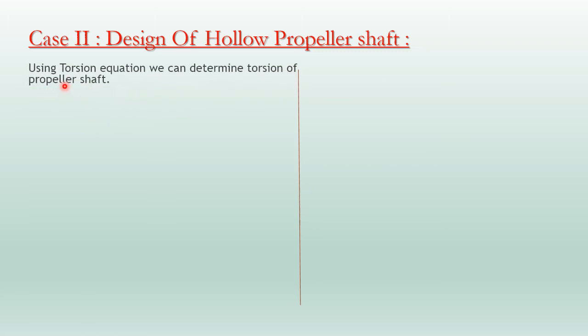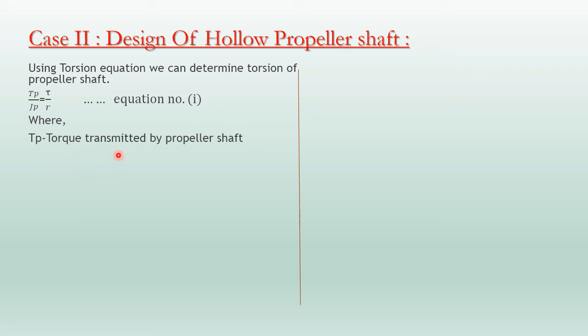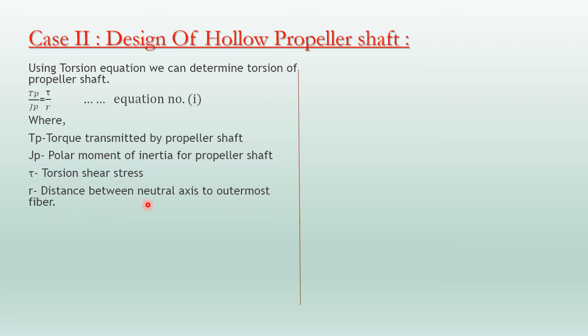Similarly, by using the torsion equation, we can determine the torsion of propeller shaft, that is Tp by Jp equal to tau by R, where Tp is the torque transmitted by the hollow propeller shaft, then Jp is the polar moment of inertia for hollow propeller shaft. Now tau is the torsional shear stress. R is the distance between the neutral axis to the outermost fiber.